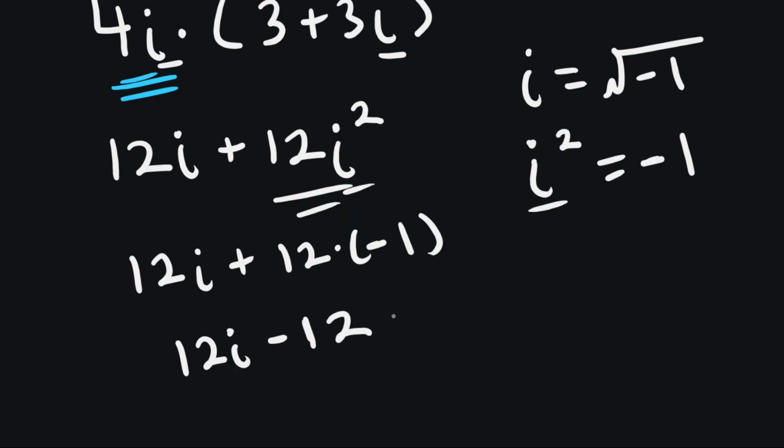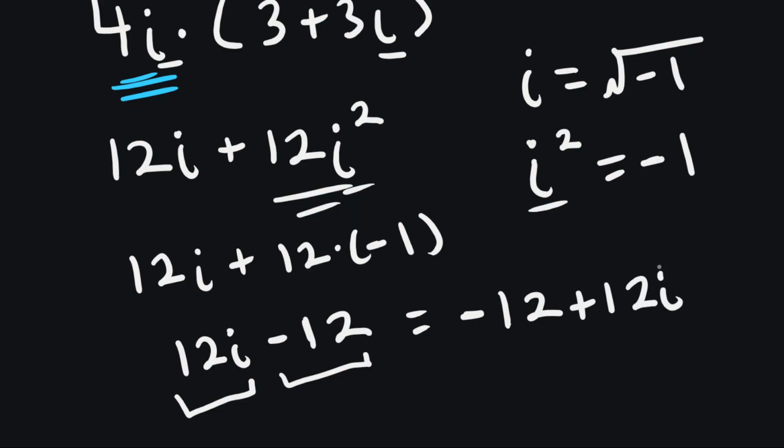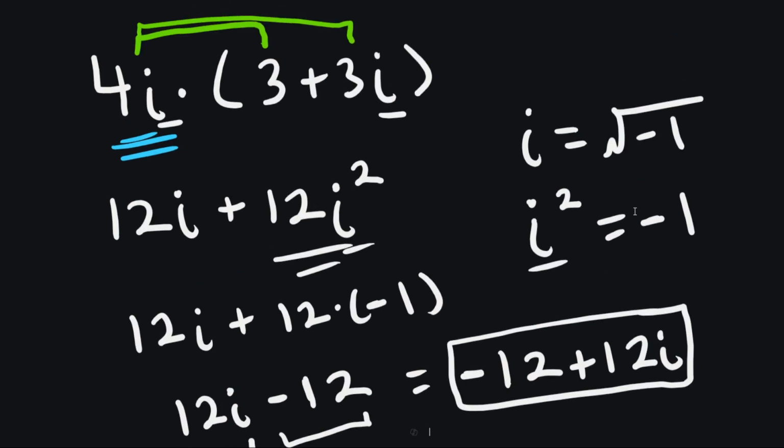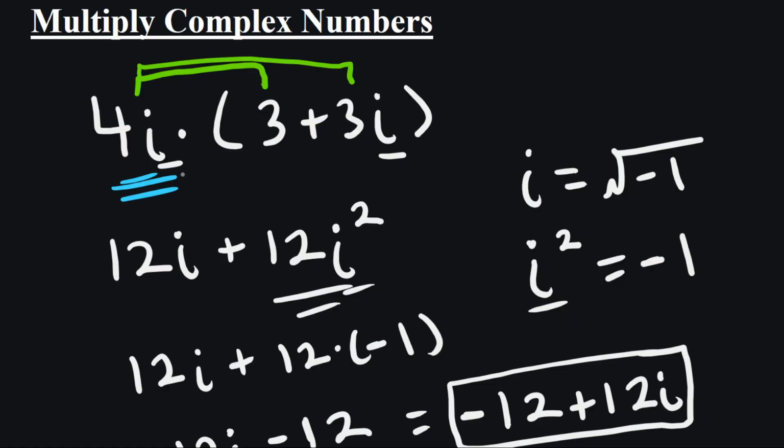And we always like to write our complex numbers in a plus bi form, so let's bring the -12 to the front, so -12. And let's bring the positive 12i right after it, so plus 12i. And there we go. That's how we multiply those two complex numbers. Or really, in this case, we're multiplying an imaginary number with a complex number. We're multiplying 4i with 3 plus 3i, and we can distribute it.